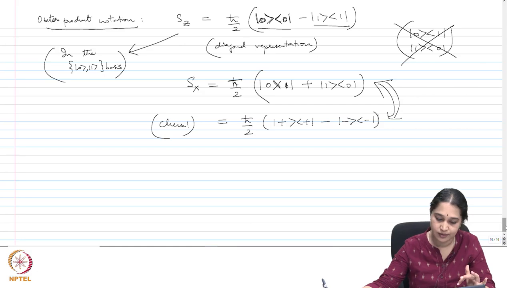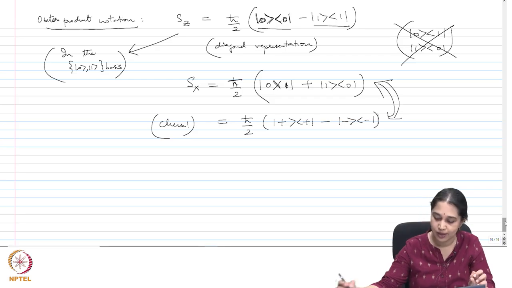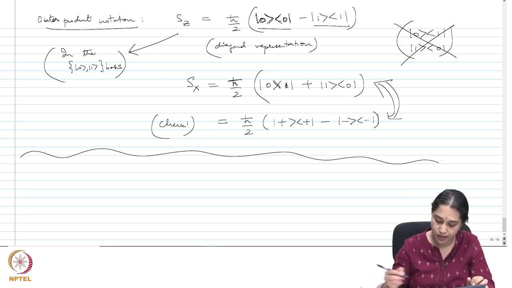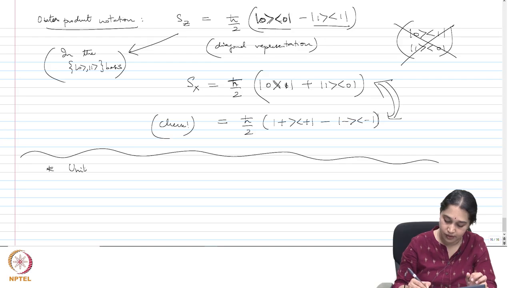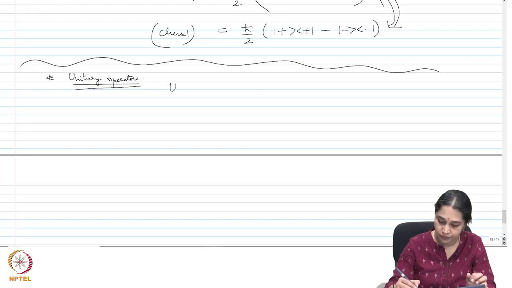I started this segment by saying that there are two kinds of linear operators which become important in quantum theory. One is the class of Hermitian operators. The second is the class of unitary operators. So let us now change tracks and move to discussing unitary operators. Unitary operators are those which satisfy the following condition: when I take the complex conjugate transpose of the matrix and multiply it with itself, it gives me the identity matrix.